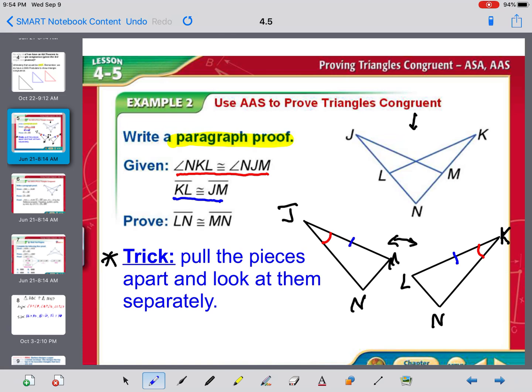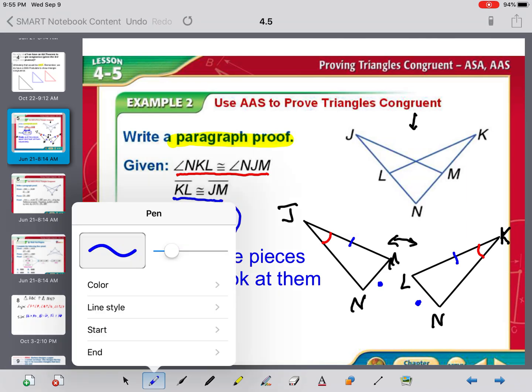Next, they tell us that these two segments are congruent. So that's KL and JM. Okay. So they want us to prove this, which happens to be LN and MN.